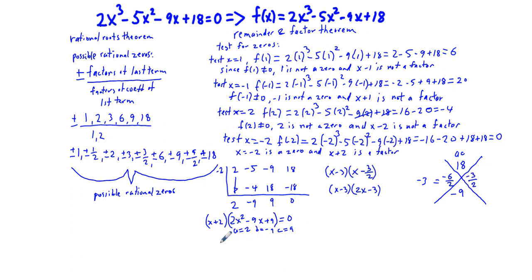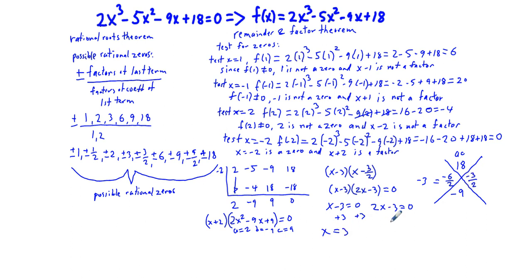And now for the zeros, we can use the zero factor property and set each section equal to 0. So x minus 3 is equal to 0, and also 2x minus 3 is equal to 0. If we solve this left one for x, we add 3 to both sides, and we have x is equal to 3.